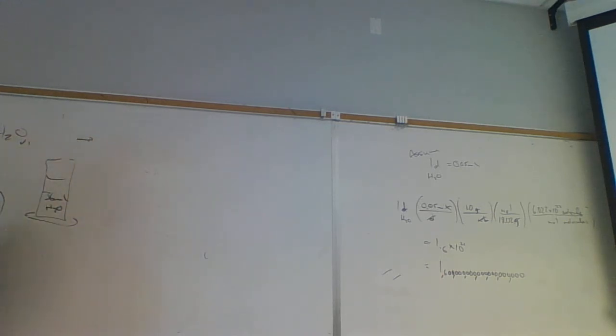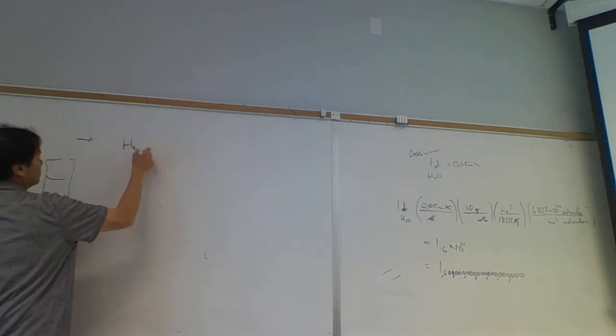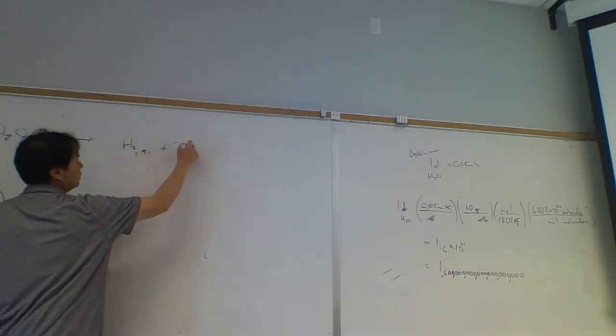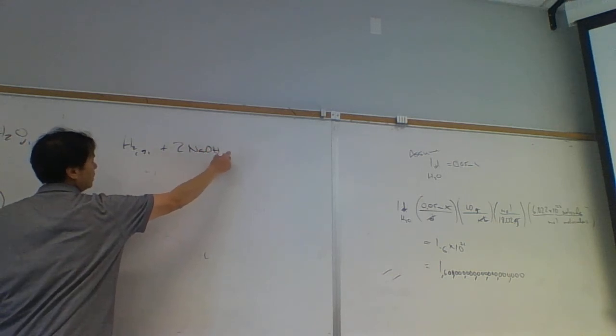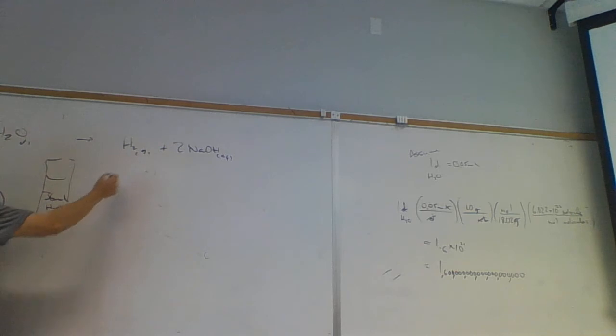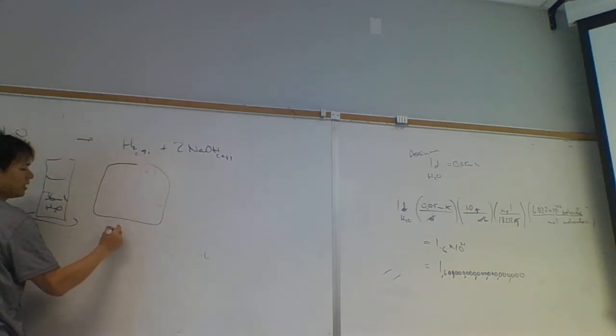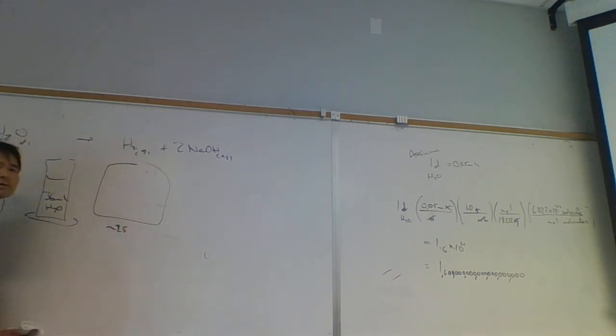Okay, and then this is going to form hydrogen gas and 2 sodium hydroxides, aqueous. All right, and so the hydrogen gas, we just visualize this. It turns out 1 mole of hydrogen gas is about 25 liters. Did we do Charles' law already? Yes, we did Charles' law, but we have to come back to gases.